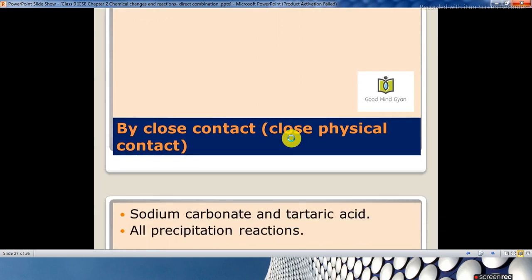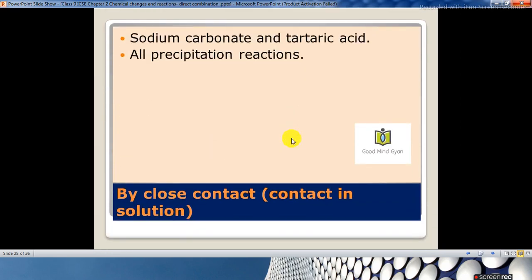Then you have examples of close contact in solution. You can take a sodium carbonate solution and mix it with tartaric acid. These two solutions can be mixed vigorously and they will react in the solution state. Then again, all the precipitation reactions also take place in the solution state.